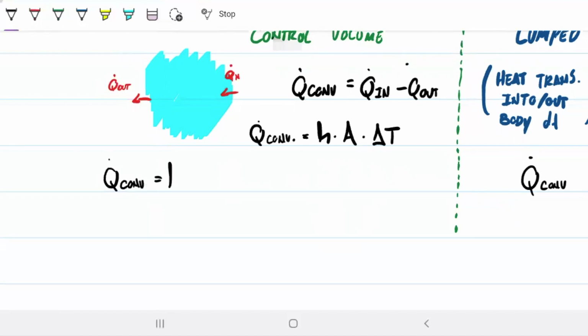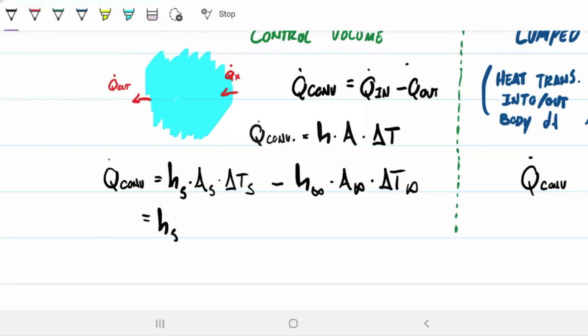Well, my Q in is my h in, and that's h from steam, if you guys recall, the area of the coil for steam as well, and then the delta T for steam, minus the one for the surroundings, so h infinity, area for infinity, and delta T for infinity. We can write this one more time, actually, because we know those delta T's, right? So for steam, what is the delta T here?